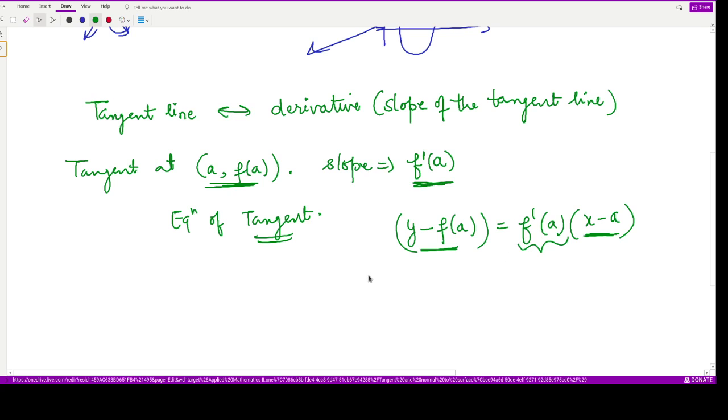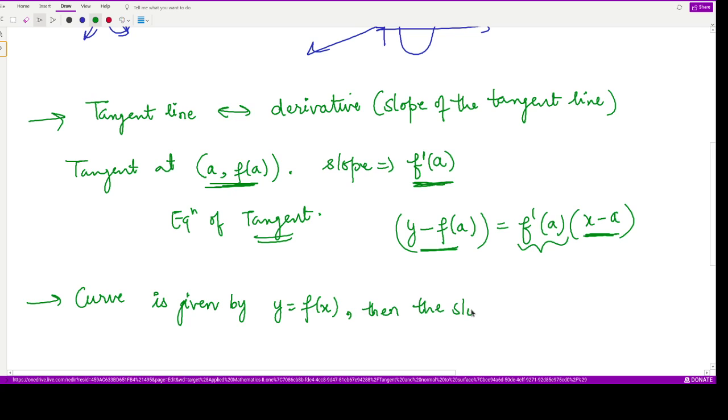So this is one case, this is another case. Now suppose the curve is given by y is equal to f of x. Then the slope of the tangent, what would this be?